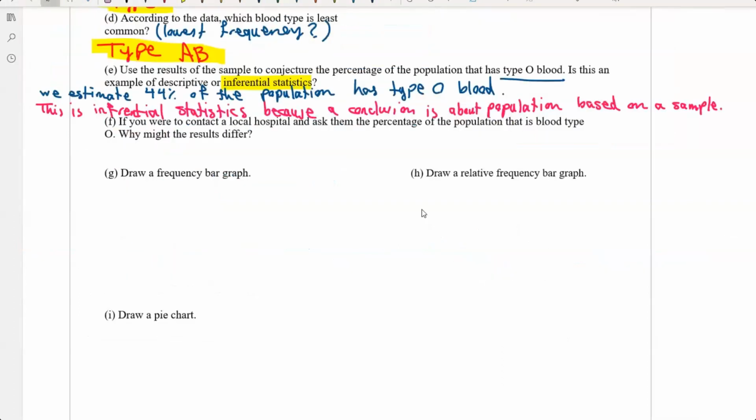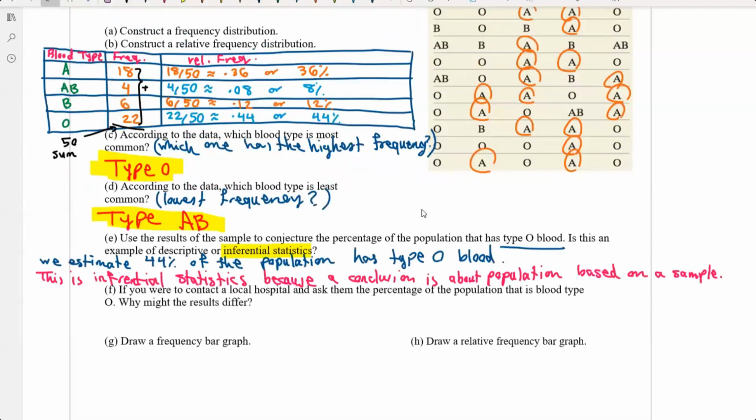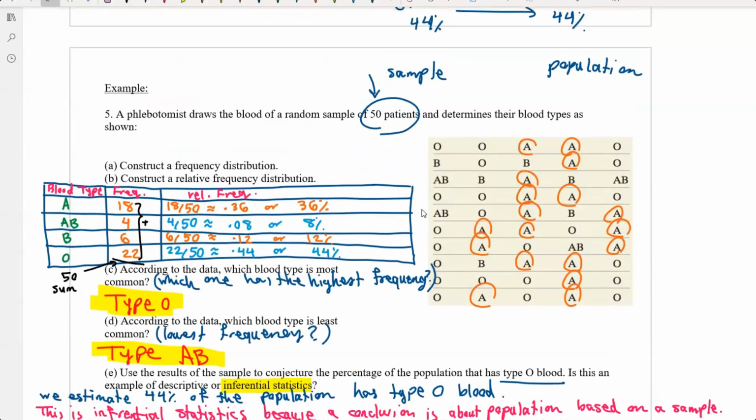So if you were to contact a local hospital and ask them the percentage of the population that has this blood type, why might the result differ? We may have different results because we may have different samples. For example, let's say we had 100 patients in total and we chose 50 patients per sample. What if they had 150 patients total and their sample was 30 patients? Obviously they're going to have different results.